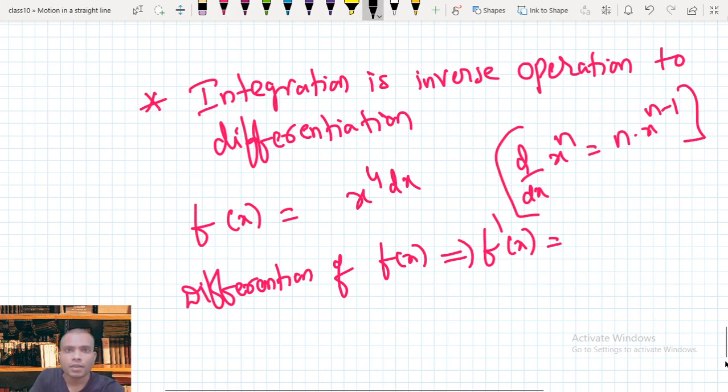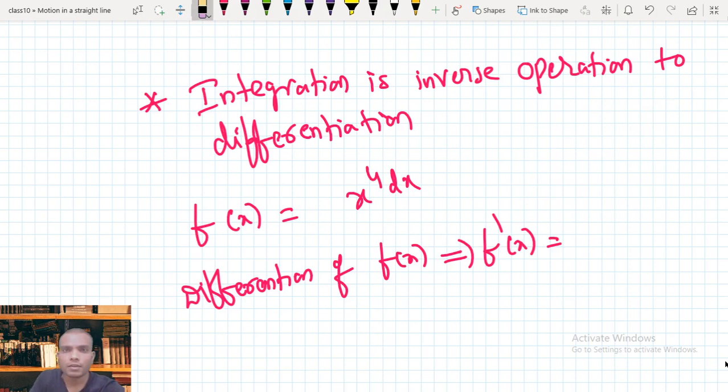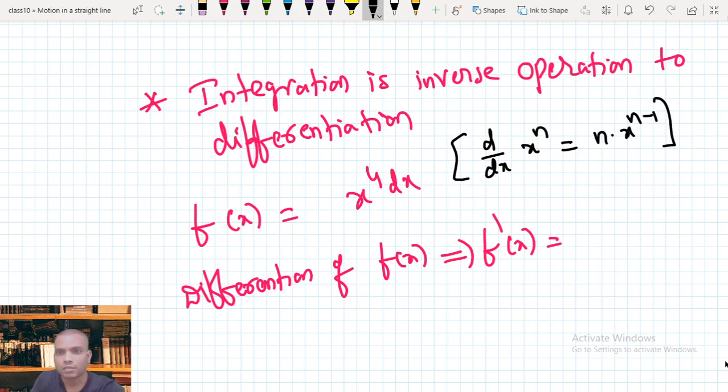I will write the rule in a different color so that you can recognize it. So d by dx of x power n equals n into x power n minus 1, and the differentiation of f of x equals f dash x. So I need to apply this formula.